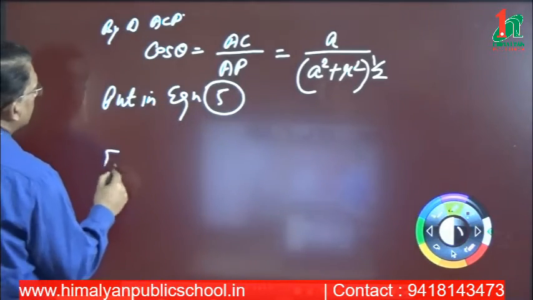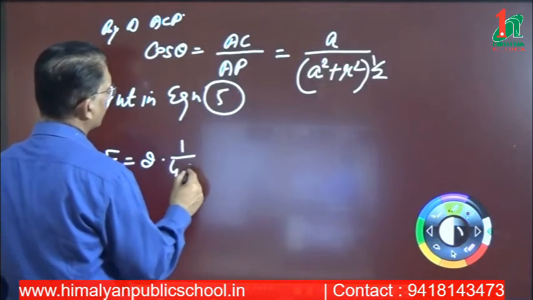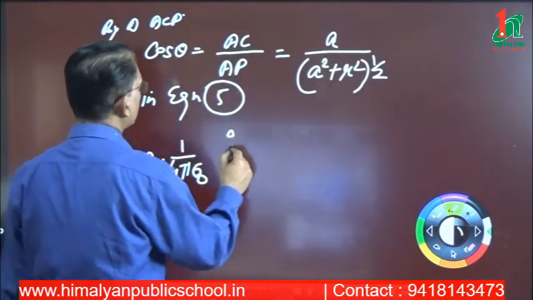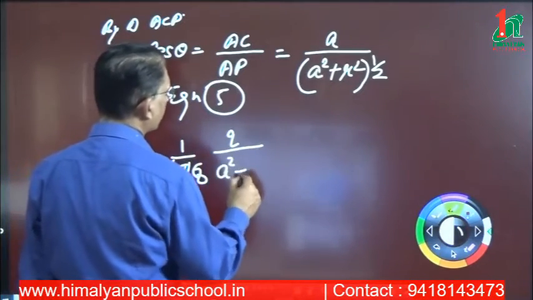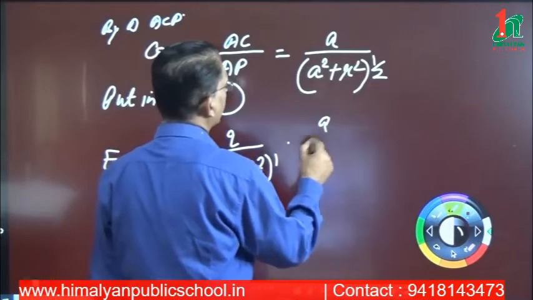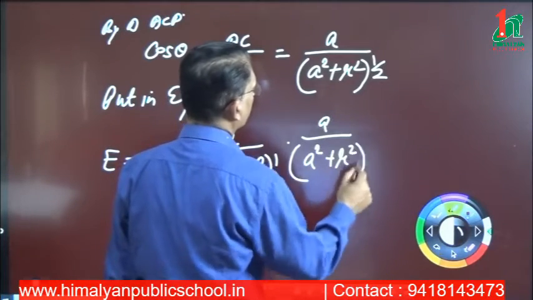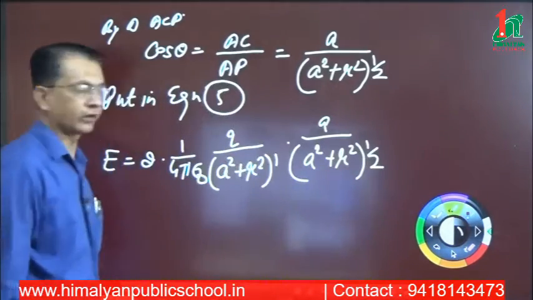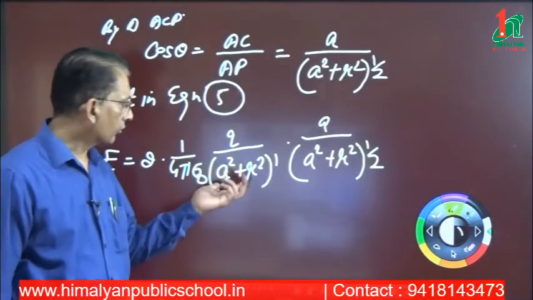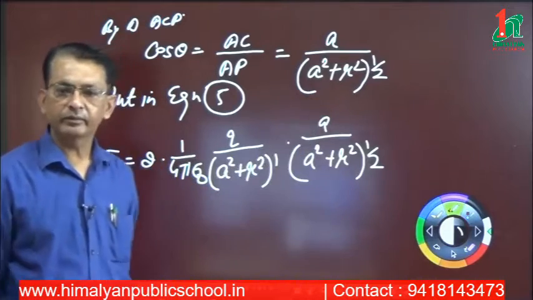So we will get E equal to 2 into 1 by 4 pi epsilon naught Q upon A square plus R square raised to power 1 into A upon A square plus R square raised to power 1 by 2. If you see the denominator, bases are same, A square plus R square, so their powers will be added.